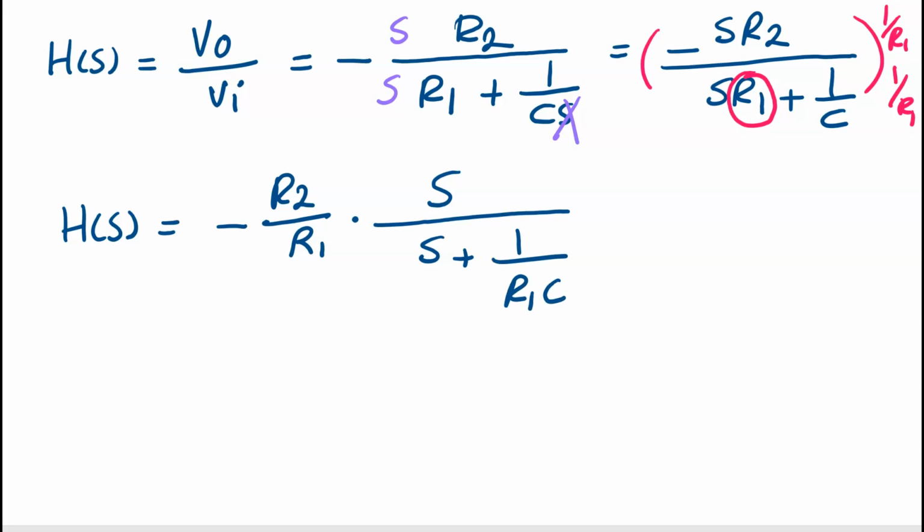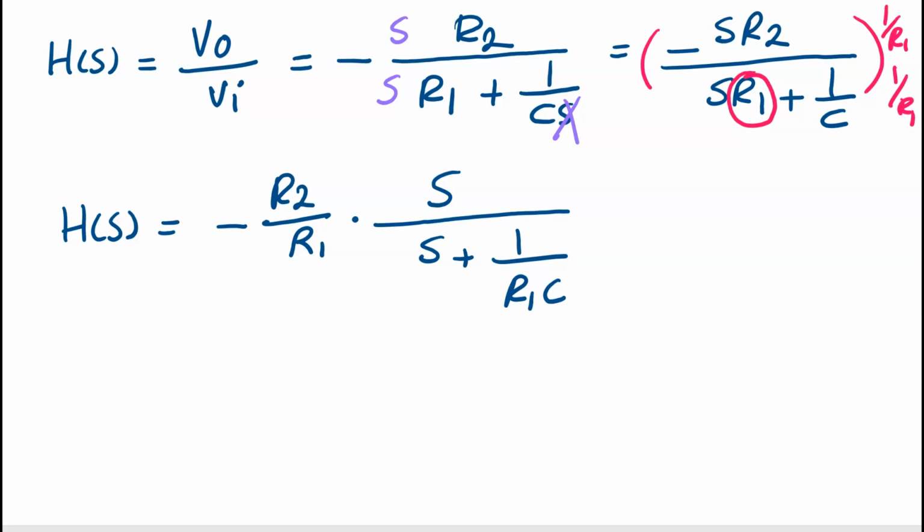As you can see, this transfer function is a transfer function of high pass filter because I have first order polynomial in denominator and in numerator I have S. If it was a constant, then it would be the transfer function of a low pass filter, but because I have S, then it's going to be the transfer function of a high pass filter.